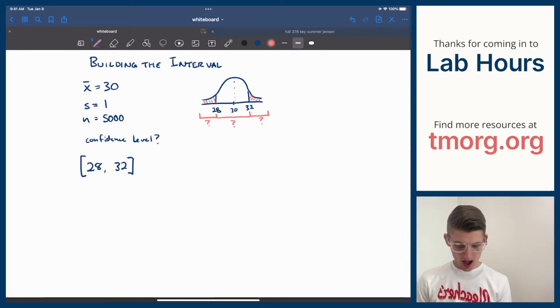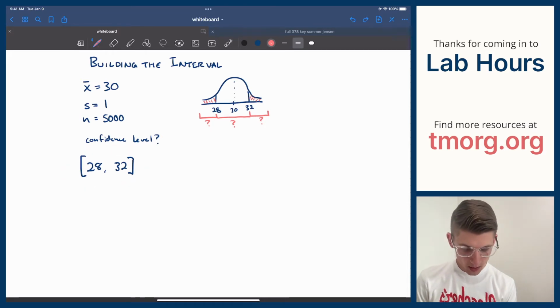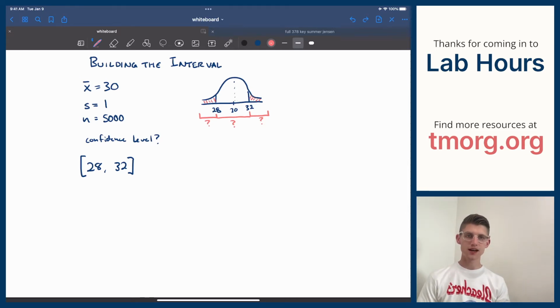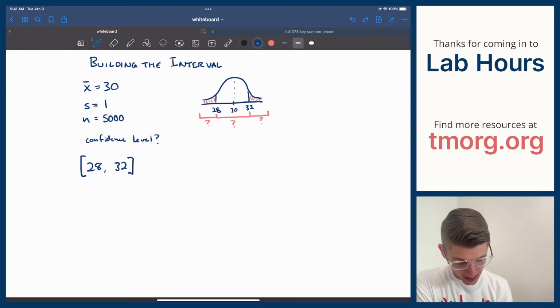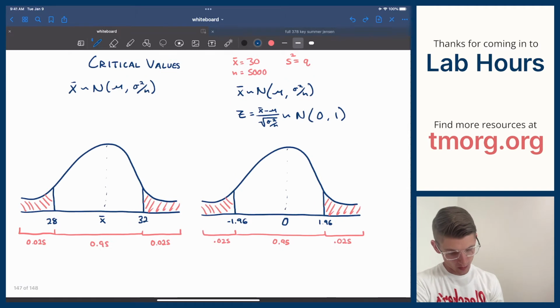That's what we're interested in figuring out. So let's standardize these numbers from the interval. What that will give us is z-scores, or critical values, that we can then compare to their probabilities and solve this problem, right? So let's go ahead and do that. How did we standardize it last time? Well, we take x bar minus mu over the square root of, in this case, s squared over n.